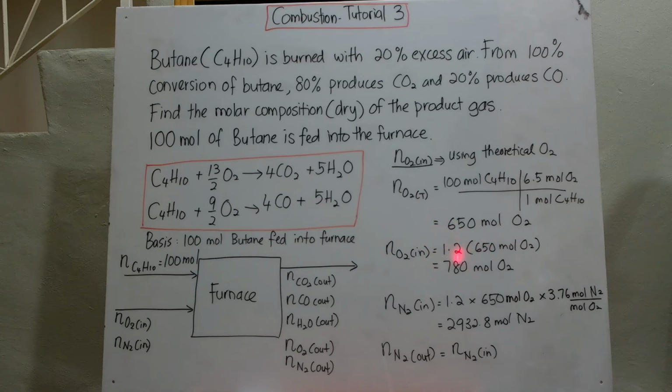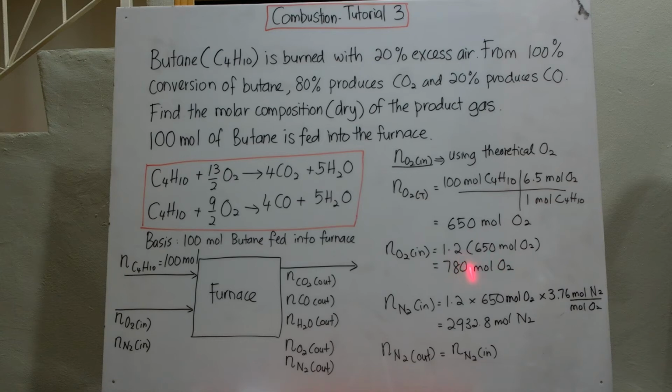So 1 plus 0.2, we get 1.2 for the excess value, times 650 mole of O2 theoretical. So we have that the O2 that goes in is actually 780 mole of O2.